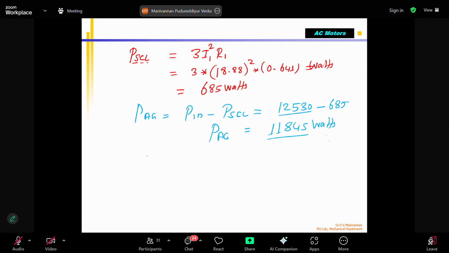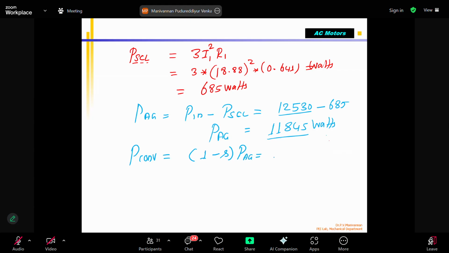Okay. Then this magnetic flux is not fully converted into mechanical torque. The magnetic energy transferred as PAG through the air gap is converted to mechanical power. That is called P conversion. P conversion, we already know the formula, equals 1 minus s, where s is the slip, times PAG.